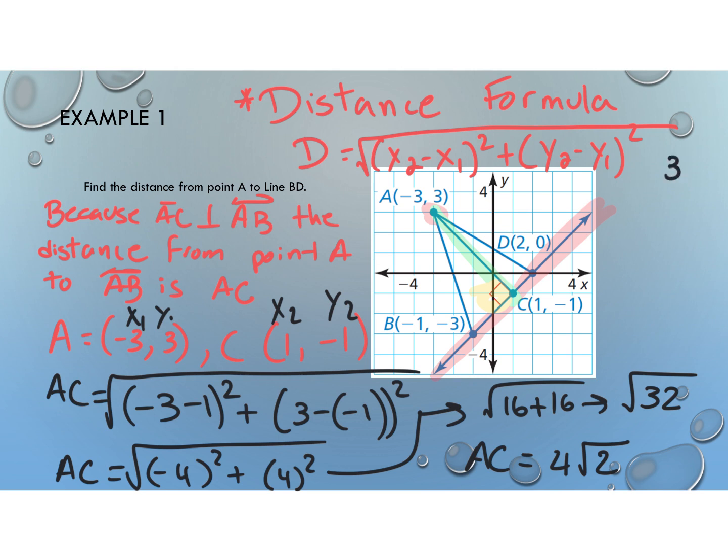We have a 32. Remember, you need two of the same in order to be able to do it. So I can take a 2 out. It's going to be 2 and 16, 2 and 8, 2 and 4, and 2 and 2.